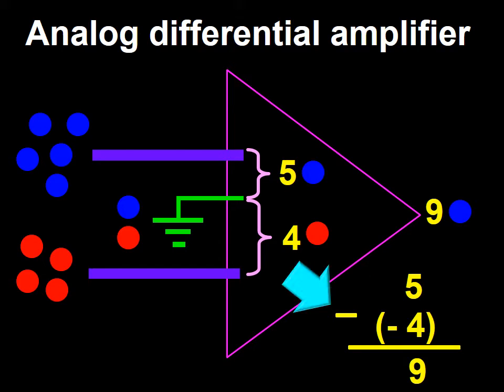Next, the differential amplifier subtracts the numbers obtained by these operations and produces a result that is translated into vertical displacement of the signal over time.